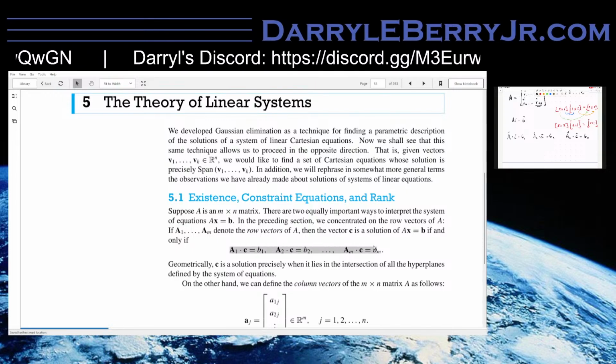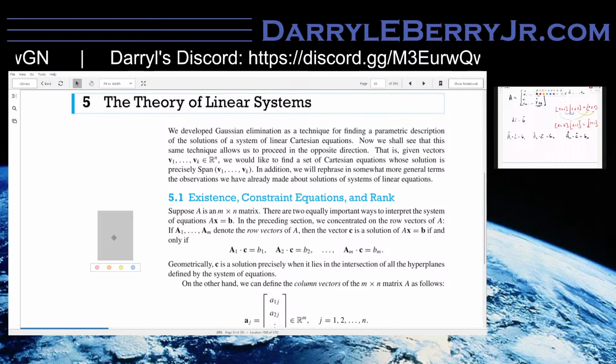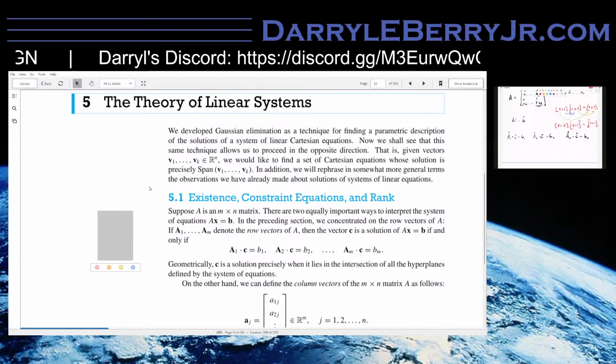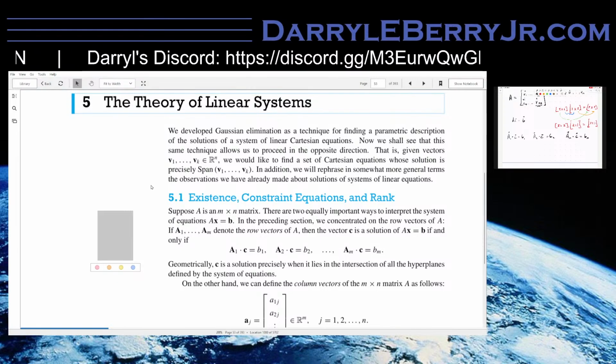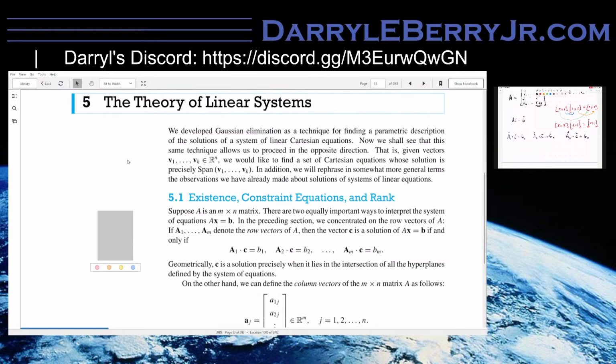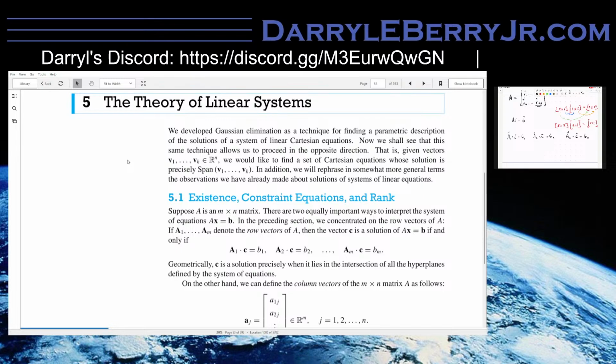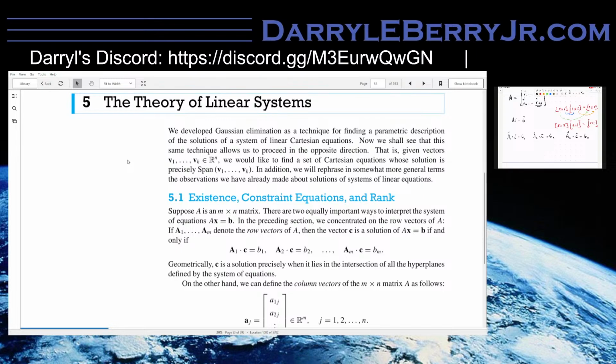So it seems like they're making the matrix in such a way that it ends up being a scalar at the end. It says C is a solution precisely when it lies at the intersection of all the hyperplanes defined by the system of equations.